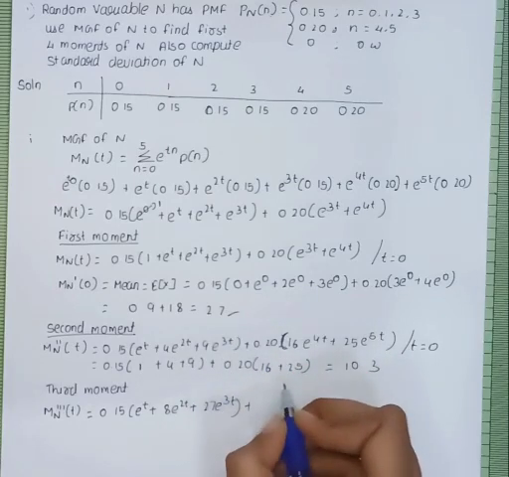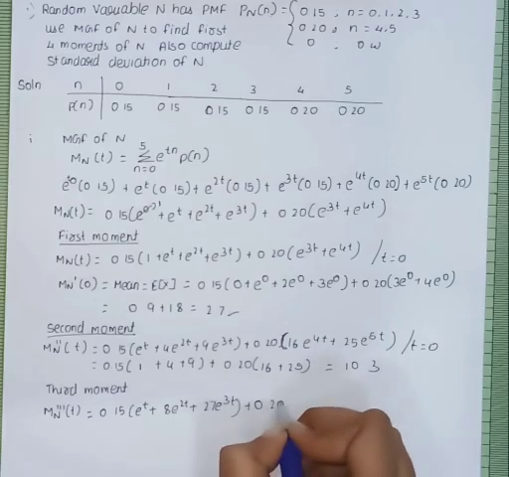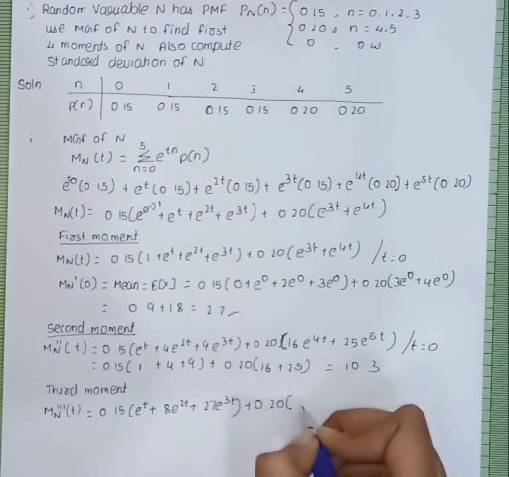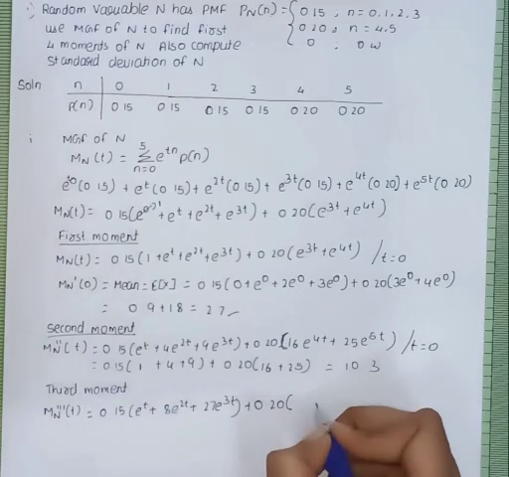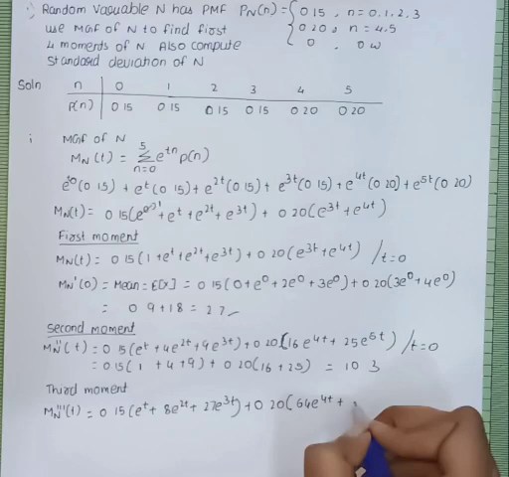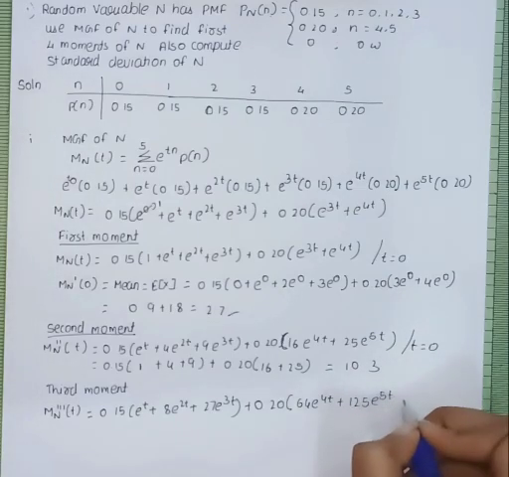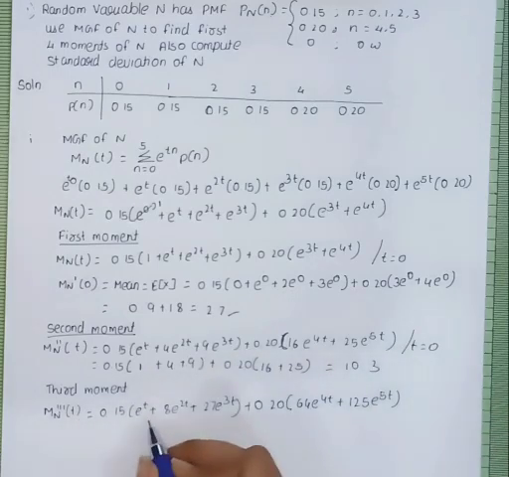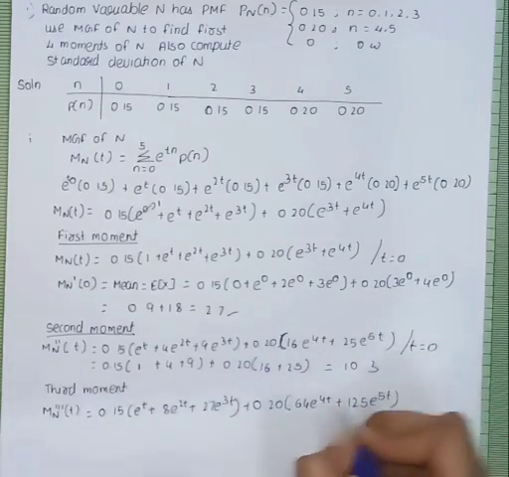This is how we do the differentiation. Then plus 0.20 into 64 e power 4t plus 125 e power 5t. So we got this equation.